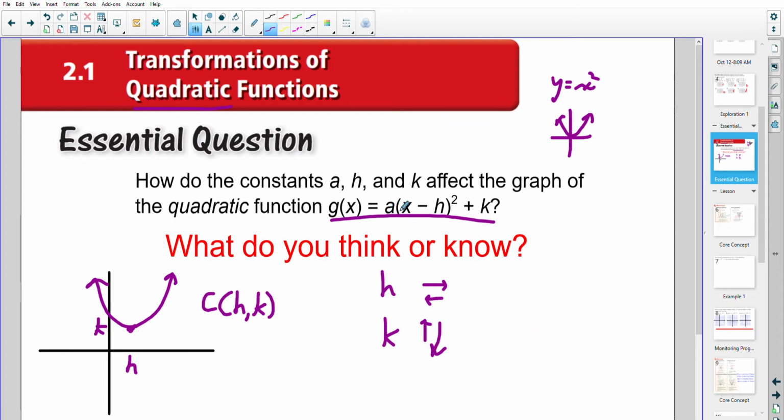The a part is going to be a vertical stretch or shrink. Vertical stretch or shrink. And what that means is it's going to be either narrower if it stretches, or it's going to be wider if it shrinks.